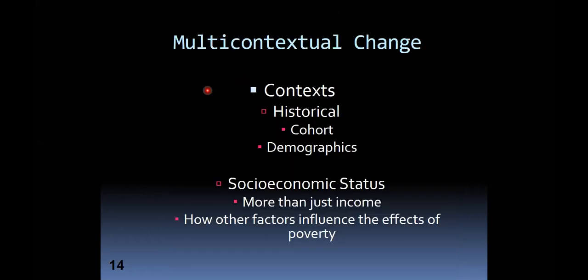All right. Now, we should also notice that change is multi-contextual. So there are a number of different contexts that influence a person's development, such as the person's historical context, their historical surroundings. So, for example, think about how your great-grandparents, if they're still living, or maybe your grandparents if they're really old, think about computers.